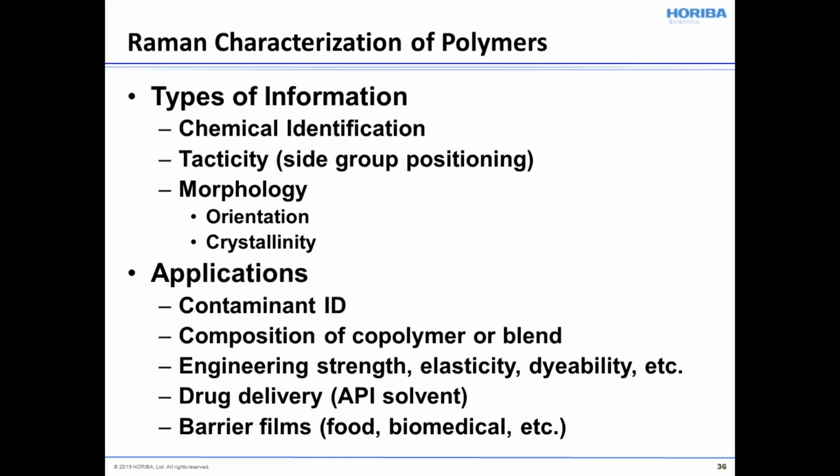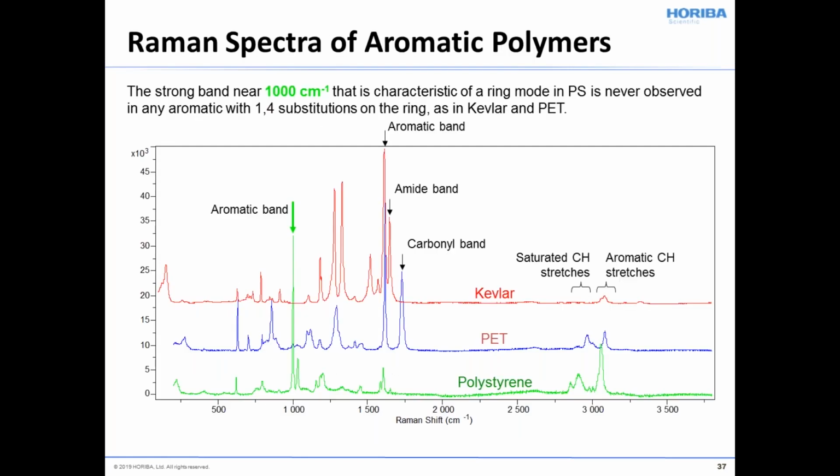Well, to identify contaminants, composition of copolymers or blends, the strength, the elasticity, dyeability, other physical properties of the polymers that relate to the chemical bonding and the solid state structure, and to study drug delivery, how well solvents or how well drugs may be soluble in a particular polymer, as well as barrier films.